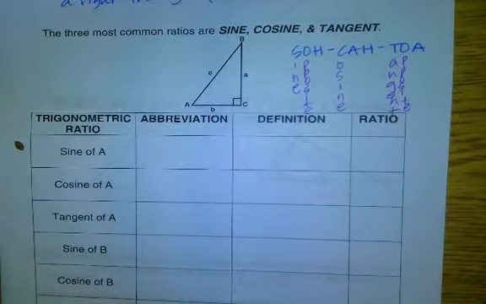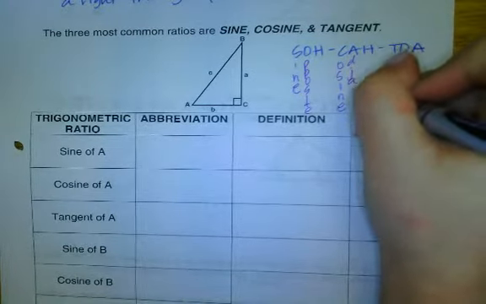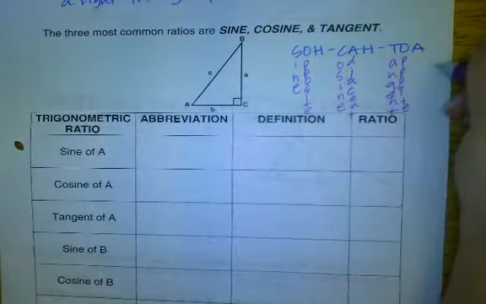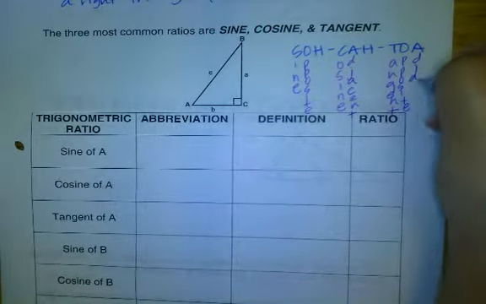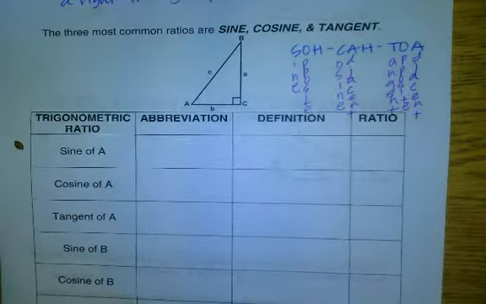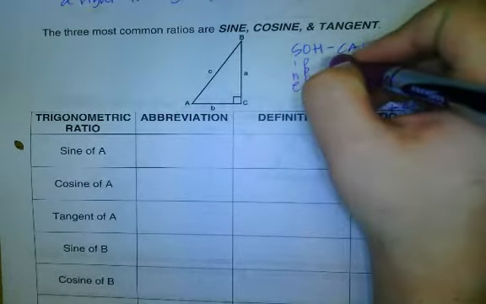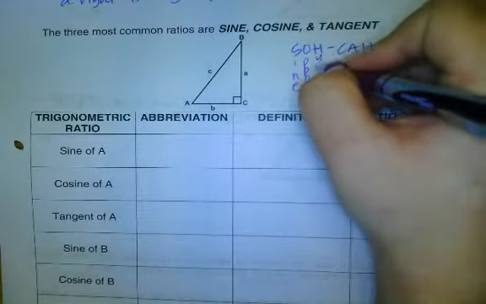What do you think A stands for? Adjacent. What does it mean to be adjacent to something? Next to, very good. And H stands for hypotenuse.